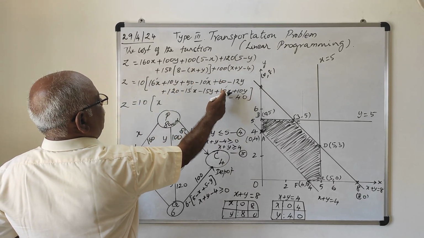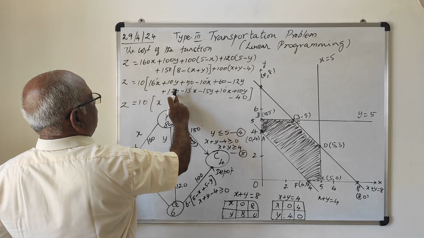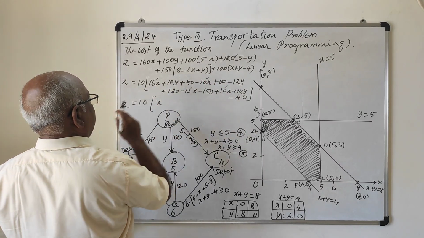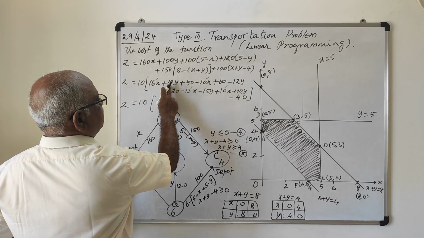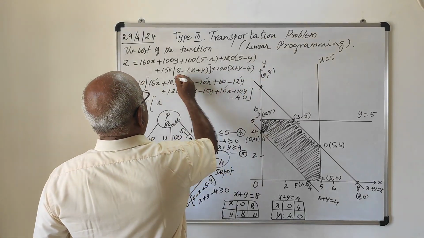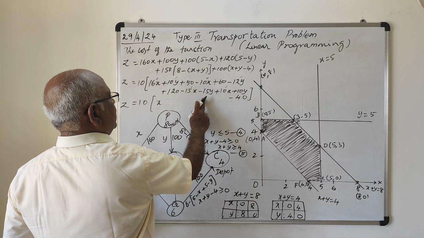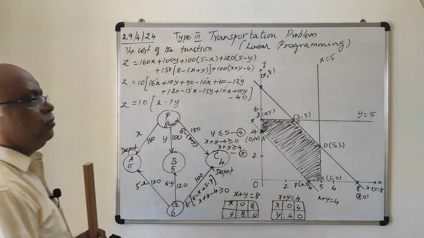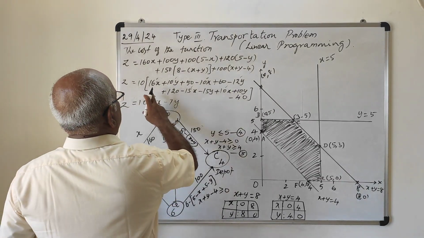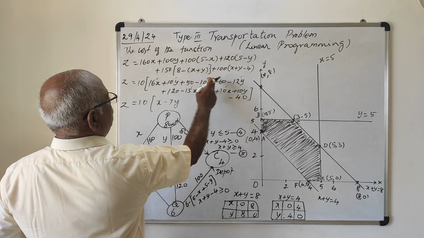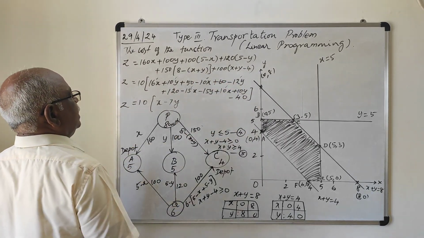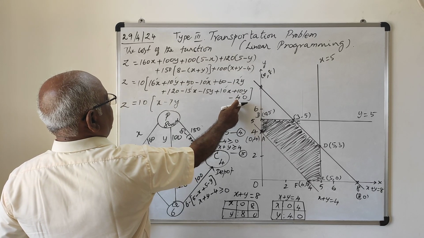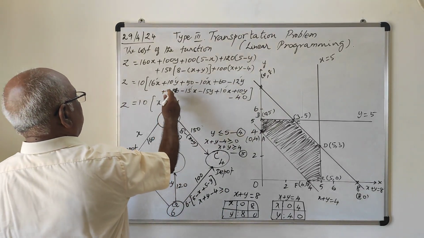Similarly y, 10y minus 12y, you will get minus 2y, minus 15, minus 17y plus 10y is minus 7y. x minus 7y you will get, and the constant terms: 50, 60, 110, minus 40, you get 70. 70 plus 120, 190.